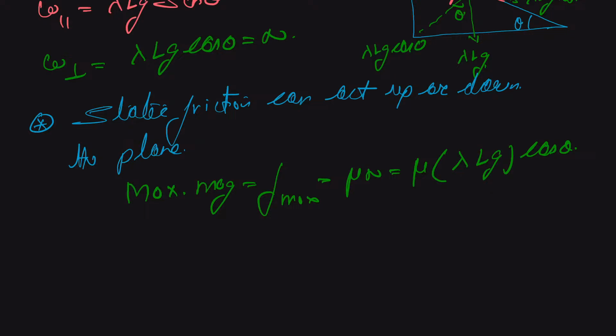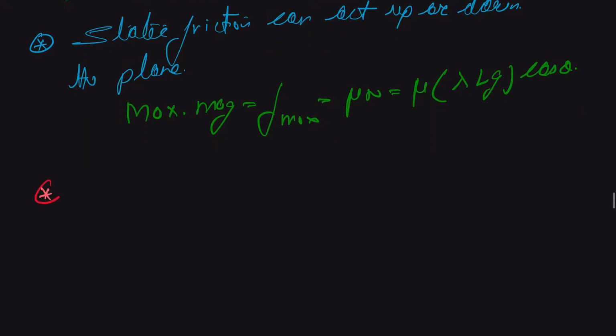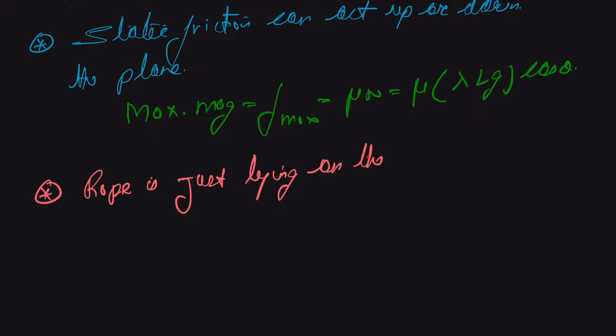The first thought which comes to us is that the rope is simply lying on the plane. This is the first straightforward option that comes to our mind, so we start from there. So our rope is just lying on the plane.